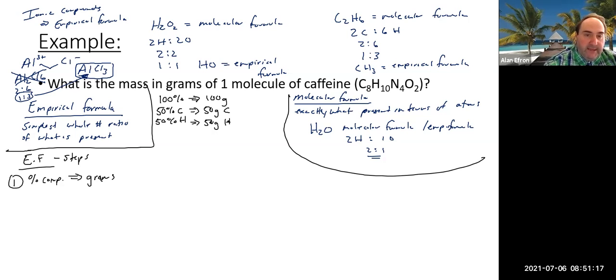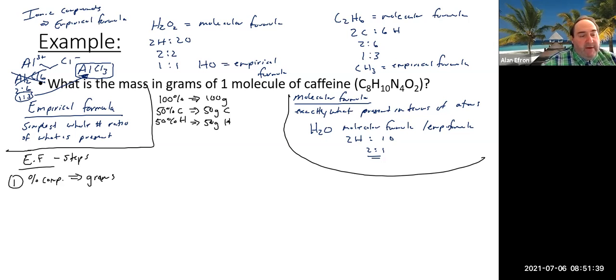You can technically assume any number you want, but the numbers change. By assuming 100 grams of a substance in empirical formula calculations, we can very simply turn our percentages into grams. They stay the same numbers, they just become grams. So that's a very common approach.